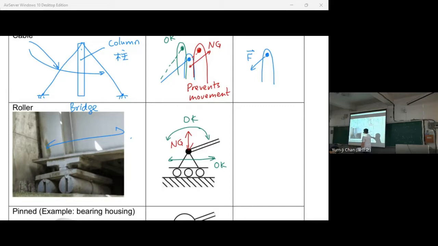So there's a floor here that it cannot go down. Because movement is prevented up and down, here we have one reaction force here.